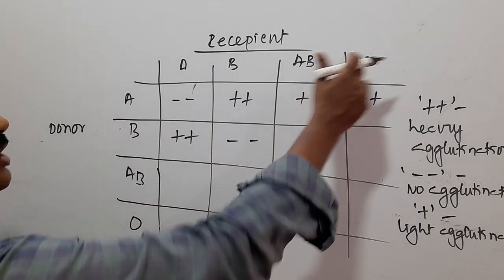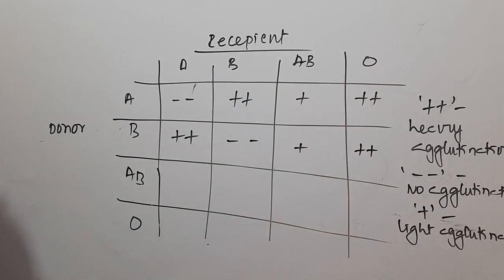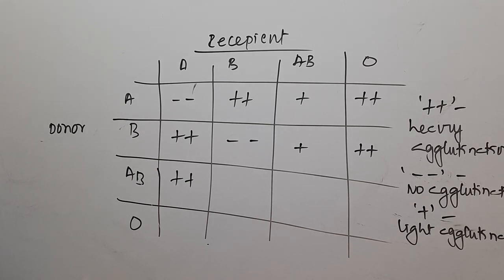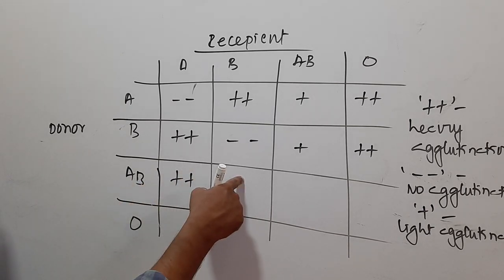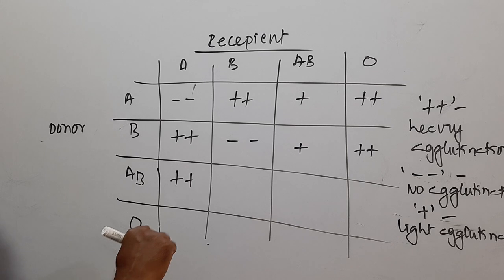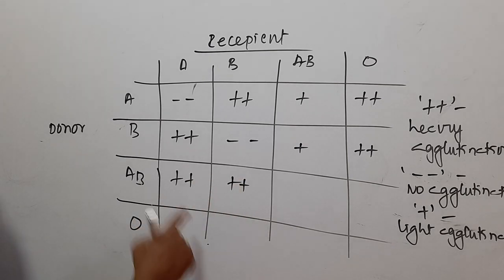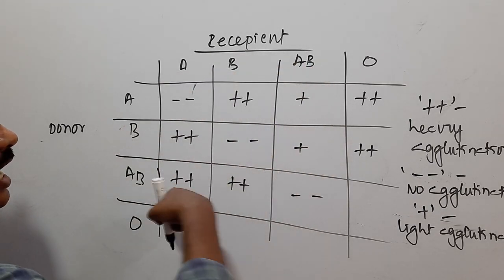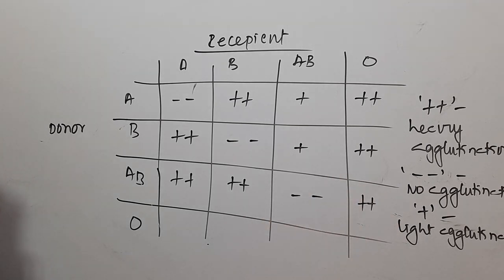B to O, heavy agglutination. Then AB to A, heavy agglutination. AB to B, also heavy agglutination. AB to AB, no agglutination. And AB to O, again heavy agglutination.